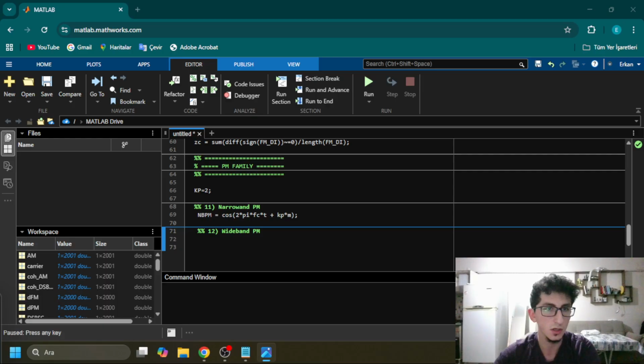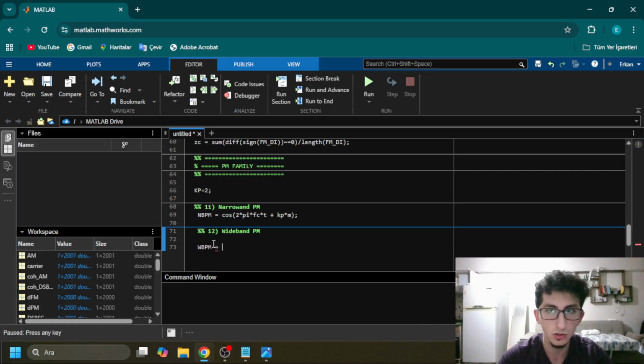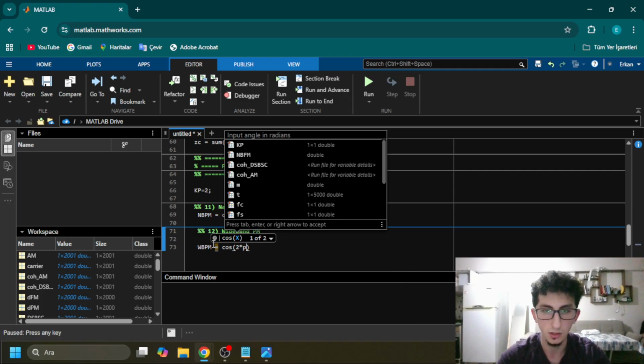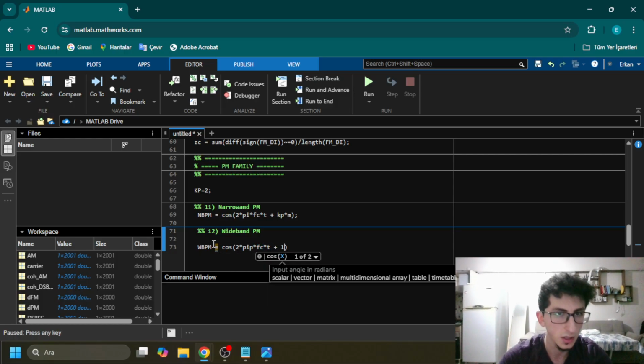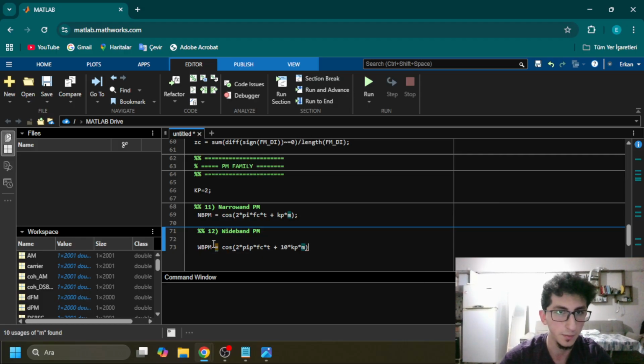So if I want to write this formula in my code, wideband PM equals cosine 2 times pi times FC times t plus 10 times KP times m.